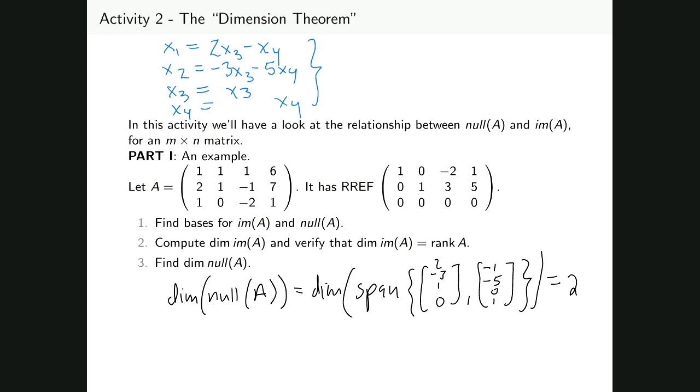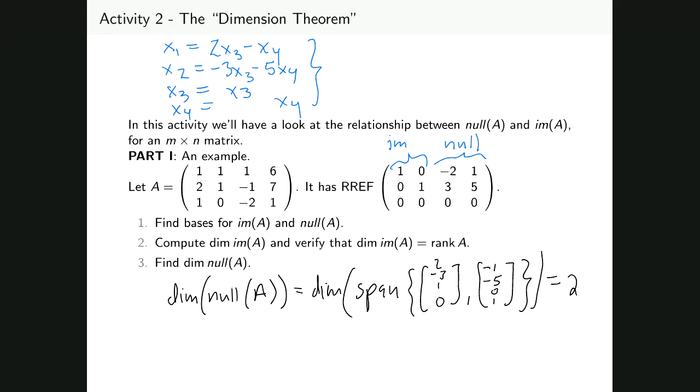And notice something really cool here. These first two columns told us the dimension of the image. And these second two columns here told us the dimension of the null space.